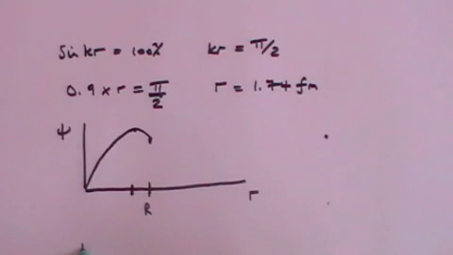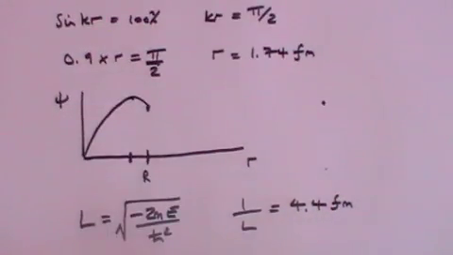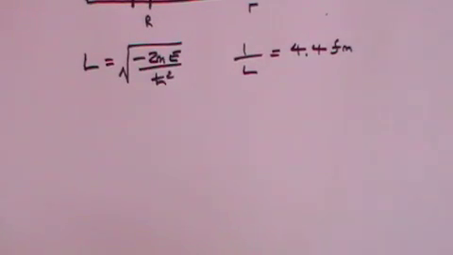Well, L, you'll remember, was the square root of minus 2mE over h bar squared, and that gives you a value of 1 over L equals 4.4 Fermis. Why did I calculate 4.4 Fermis?